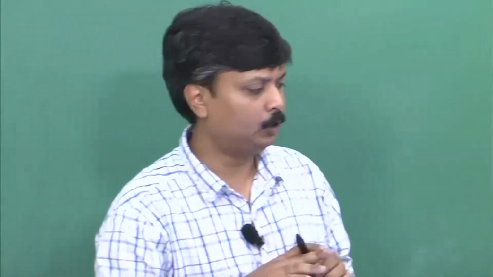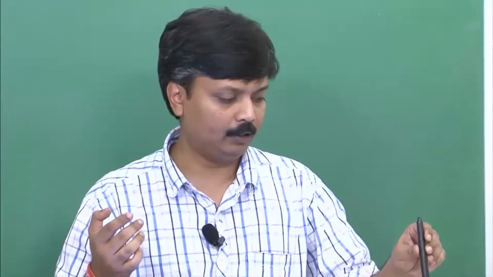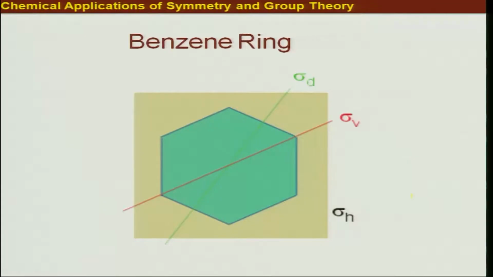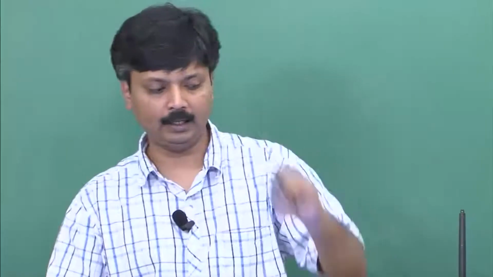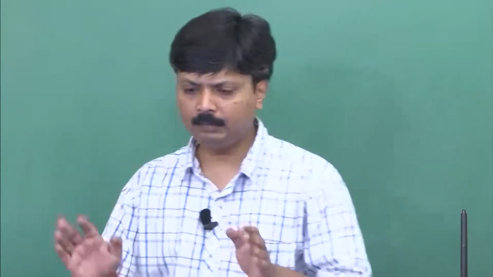All those things will come from the combination of symmetry operations that we will see probably the following week. I just wanted to mention that so that you are aware of that fact. Here on the screen you have this benzene ring where the difference between sigma v, sigma h, and sigma d is shown, and I have already shown you using this model. So that's all I wanted to talk about regarding plane of symmetry.